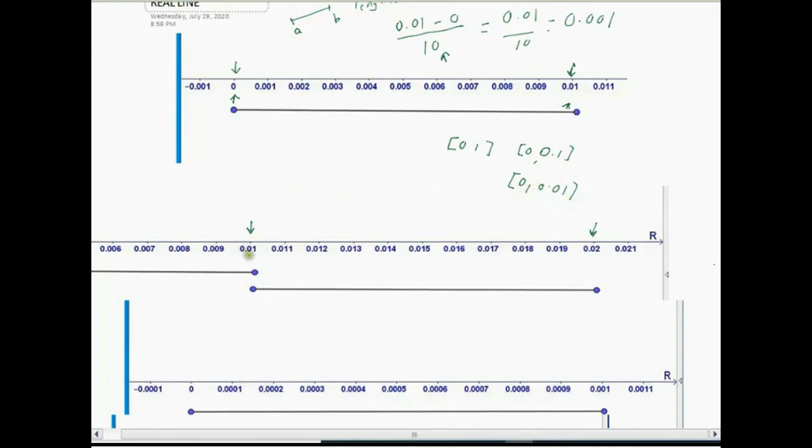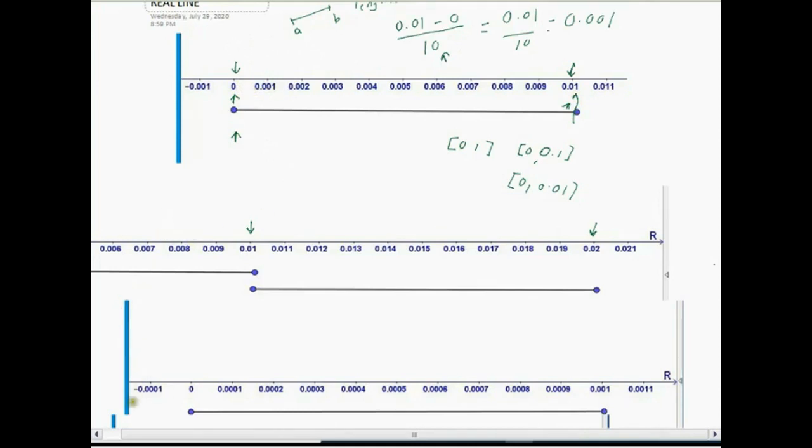So this 0 to 0.01 we have divided, this is 0 and this is 0.01. We are dividing it into 10 equal parts. So when you divide it into 10 equal parts, again take any one of these intervals. So we have selected say 0 to 0.001.